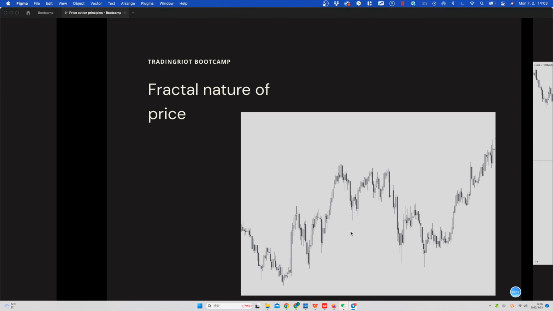But the fact that the price is fractal, and all the things that you see happening on a 5-minute chart also happen on an hourly chart, and also happen on a weekly chart, is giving you the option to trade basically any time frame.